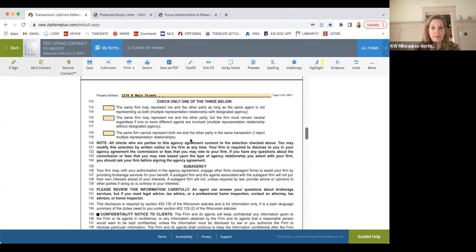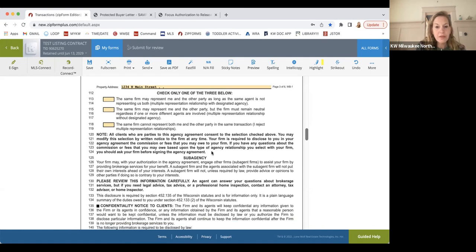And in the case of a seller client, that means that we would be rejecting all buyer clients of Keller Williams Realty, which would isolate or alienate a huge potential buyer pool of people. So that would just not be in our sellers' best interest, to reject multiple representation altogether. So are there questions about that?